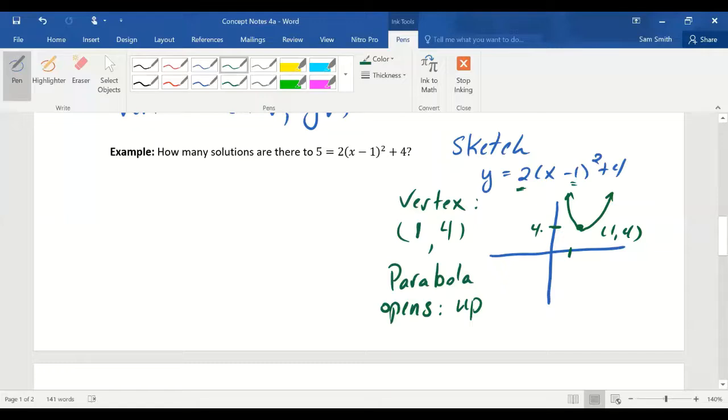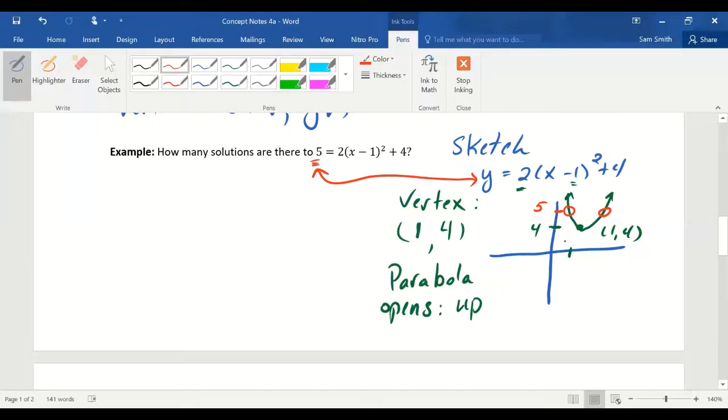But how does this help me answer the original question, which asks how many solutions there are if I replace y with 5? If I go to y equals 5 on this picture and look for all the points on this graph with a height of 5, I see 2 such points.